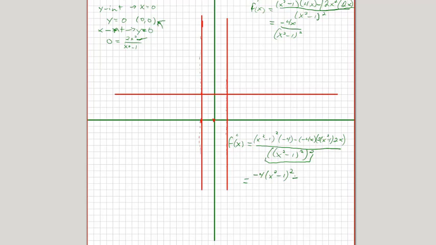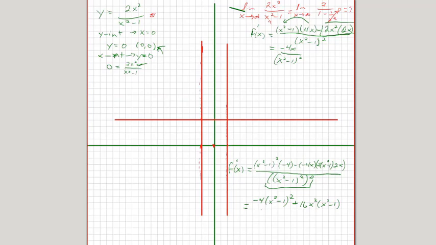And then I've got plus 16x squared times x squared minus 1, all over x squared minus 1 to the fourth power.